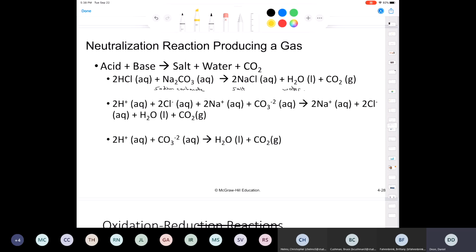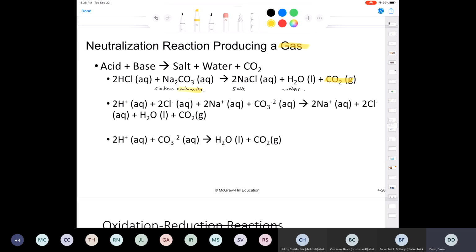CO2 is a gas, and whenever you have a carbonate as your base, so metal carbonates like potassium carbonate, lithium carbonate, calcium carbonate, sodium carbonate, those are all bases. And so whenever you react an acid with a carbonate base, you always end up with carbon dioxide as a gas, okay?